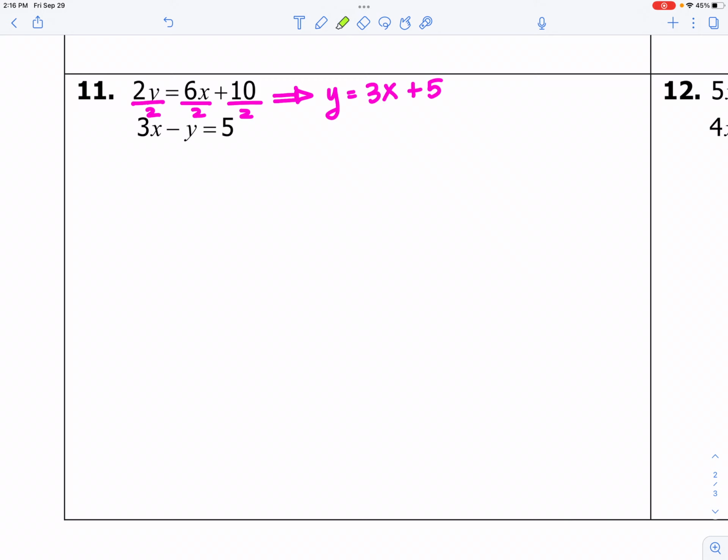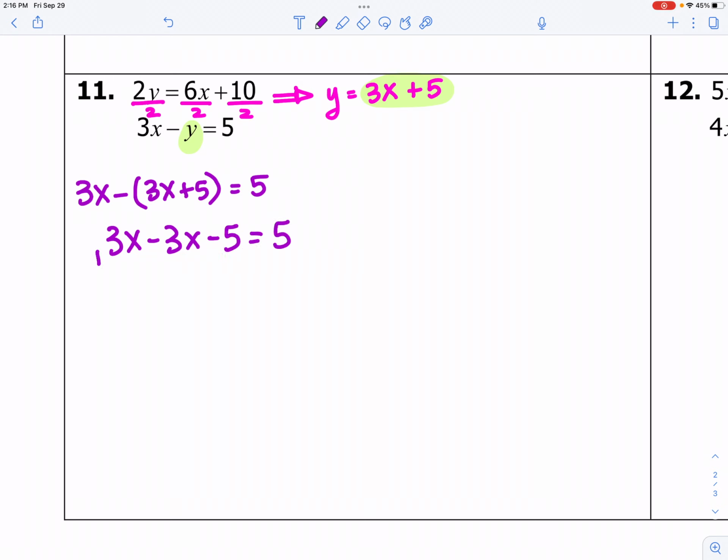So I'm going to substitute this 3x plus 5 into the y of the second equation. So we have 3x minus, and then in parentheses, what I'm substituting, 3x plus 5 equals 5. So when I distribute, we get 3x minus 3x minus 5 equals 5. When I combine here, we get 0. So we have negative 5 equals 5.